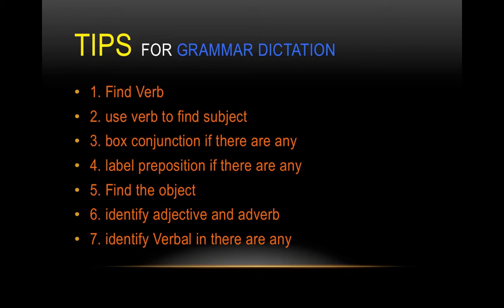After this step, we will identify the verbals, if there are any, and check which kind of verbal it is: gerund, infinitive, or participle. After we finish those steps, we will complete our grammar dictation.